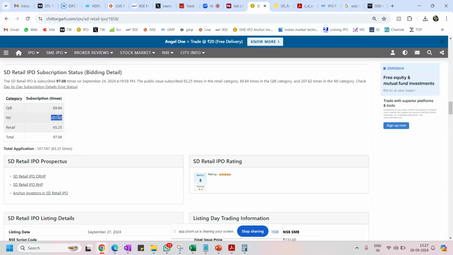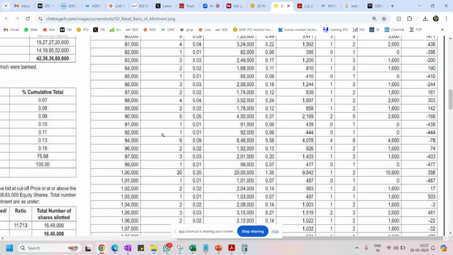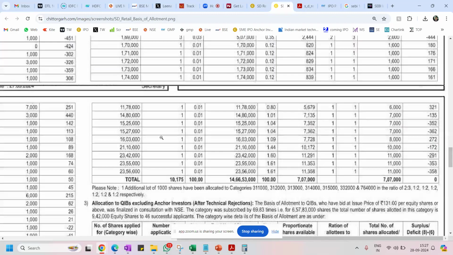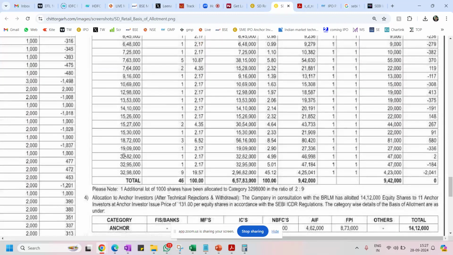So anybody who applied for 208 lots would have got confirmed allocation. And this person who applied for 32 lakh 82,000 lots basically got 40,000 shares allocated.